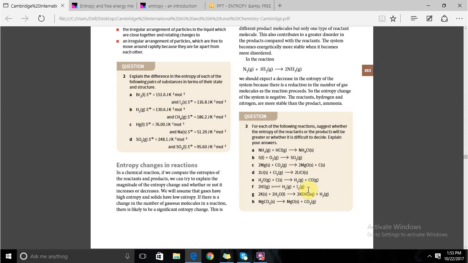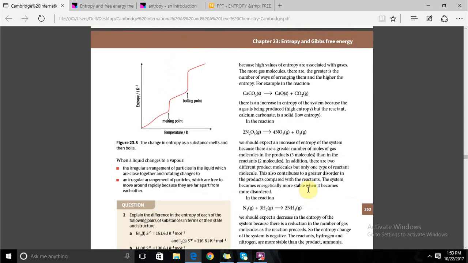There is an assumption that gases have high entropy compared to solids, and therefore if there is a change in the number of gaseous molecules as part of a reaction, we can safely assume that there is a significant entropy change, because we associate high entropy with gases, and therefore any change in the number of gaseous molecules over a reaction is likely accompanied by a notable change in the standard entropy.